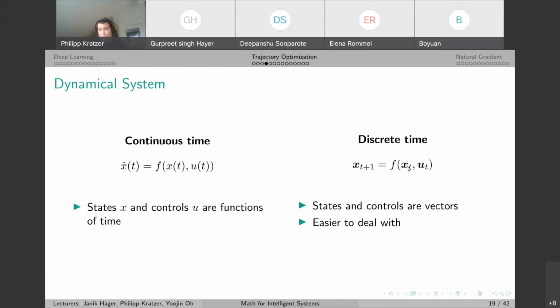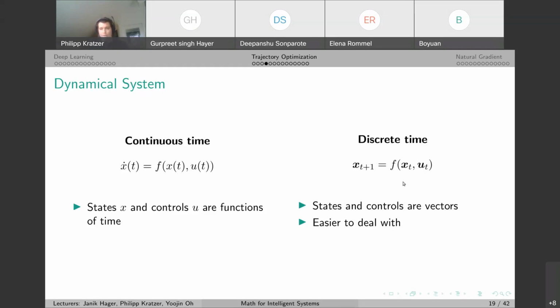In discrete time, we have discrete time steps. So we usually have a small time step delta t between successive time steps. And yeah, we have a vector x and a vector u. And the system equation is given by: the next state can be computed by our system equation.